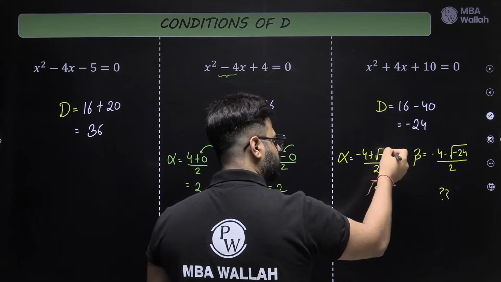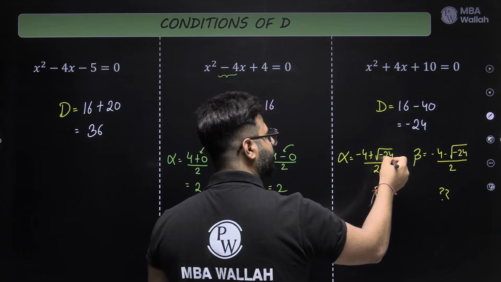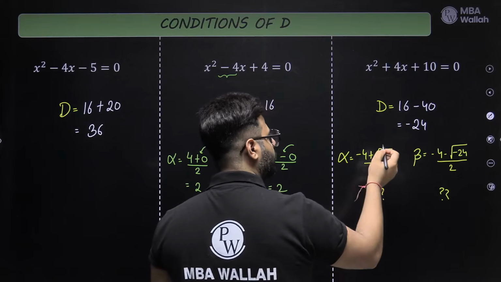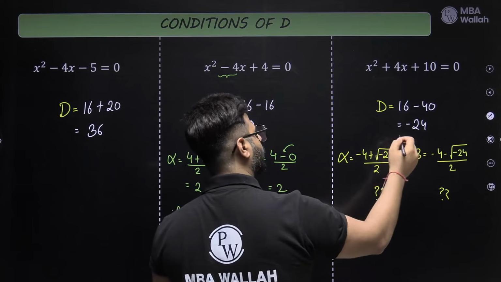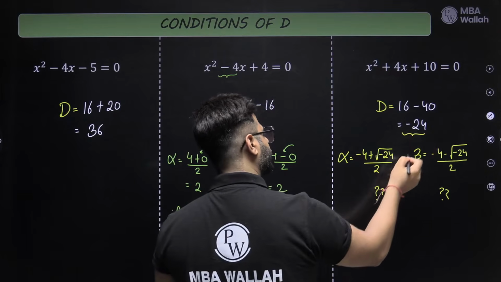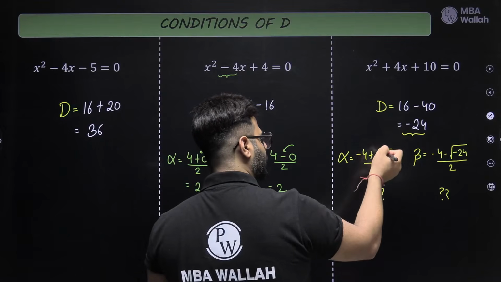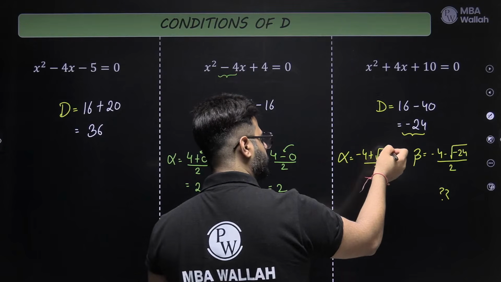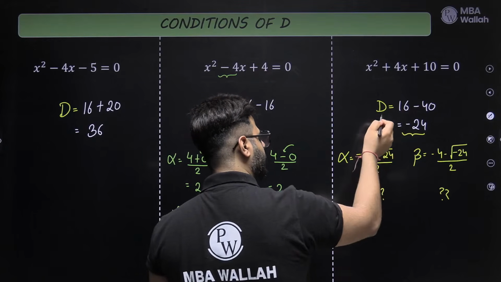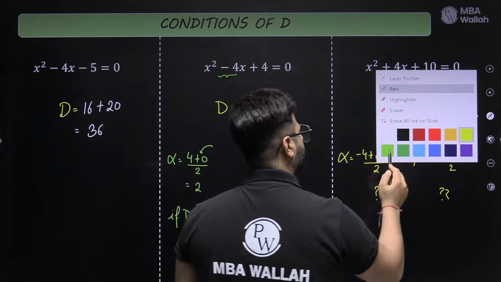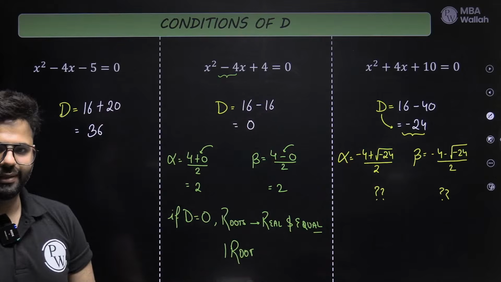So square root cannot have a negative inside, and we know that alpha and beta both are going to have a negative inside the square root if d becomes negative. Yes or no? So what do we realize?